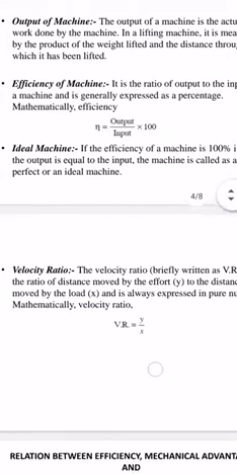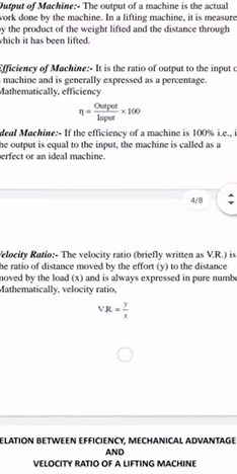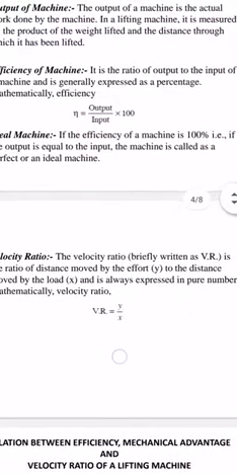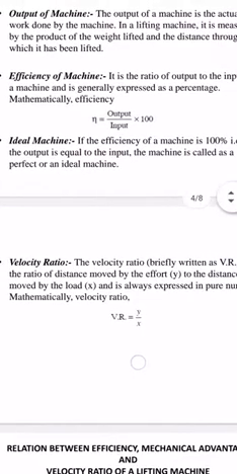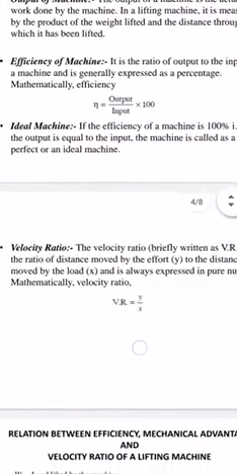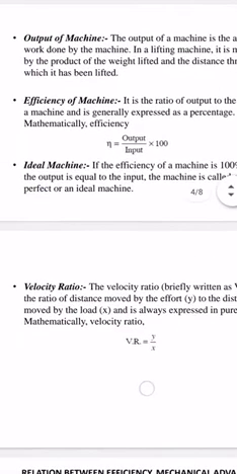So VR is y upon x. These are the different terms we will use in lifting machine.